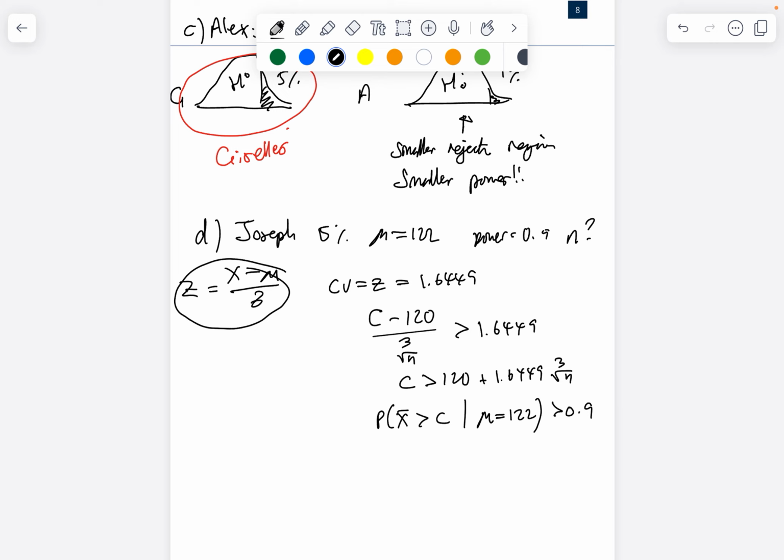So I'm going to work out my value of what have I got?